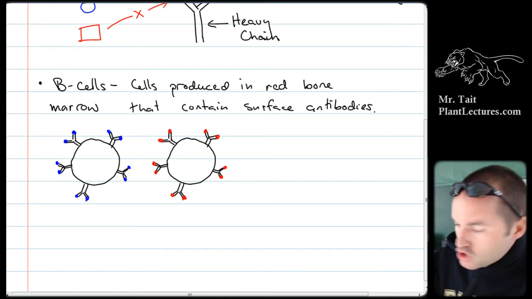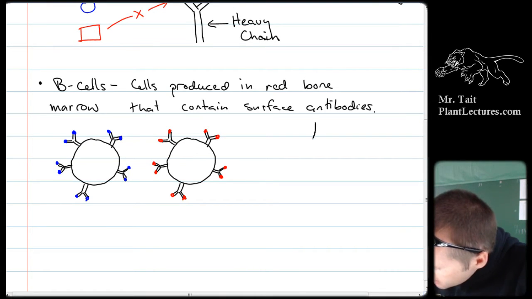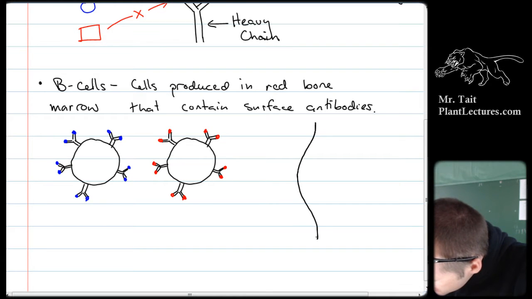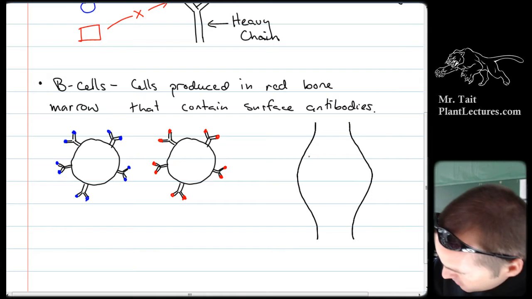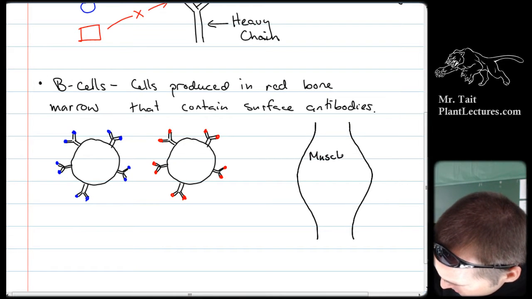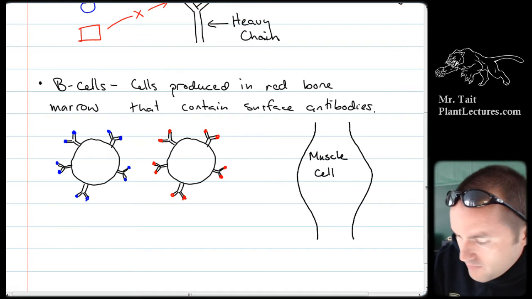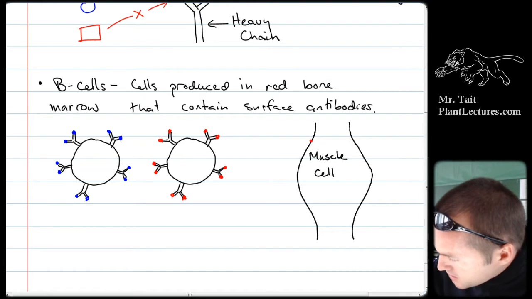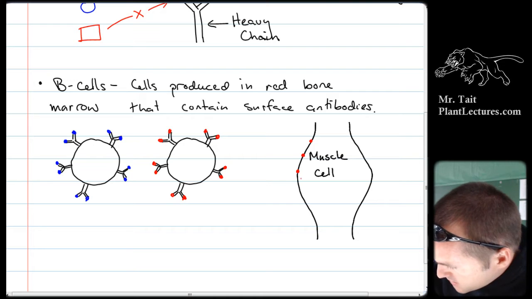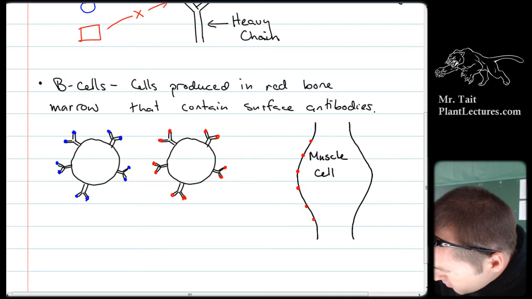Okay? So, let's say over here, there's a muscle cell from your body. And then the muscle cell on its surface has these red proteins.